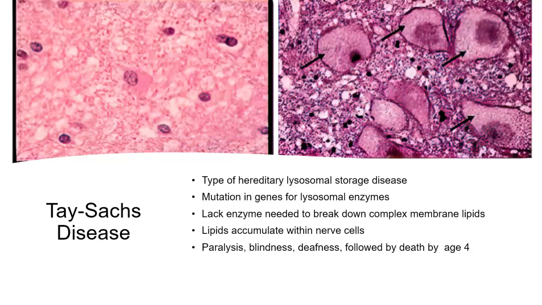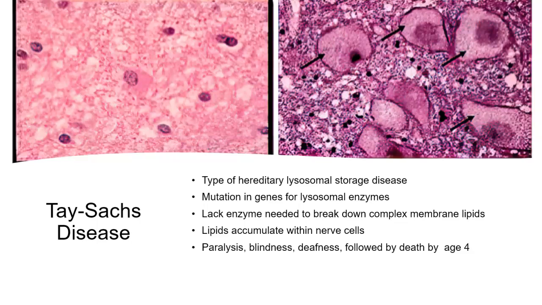Tay-Sachs disease is one of those lysosomal storage diseases. So lysosomes in affected individuals, if they don't have that enzyme that's needed to break down membrane lipids, then those lipids will build up and accumulate within certain cells that have these complex membrane lipids, such as nerve cells.